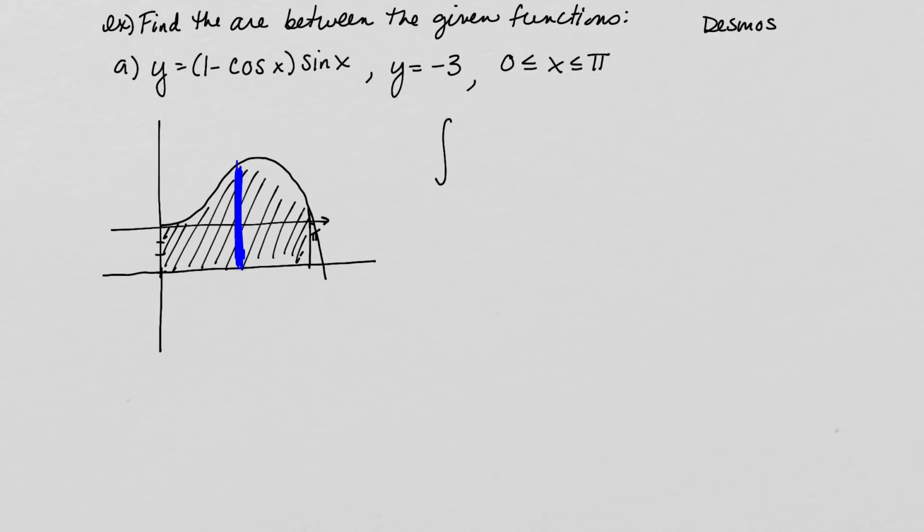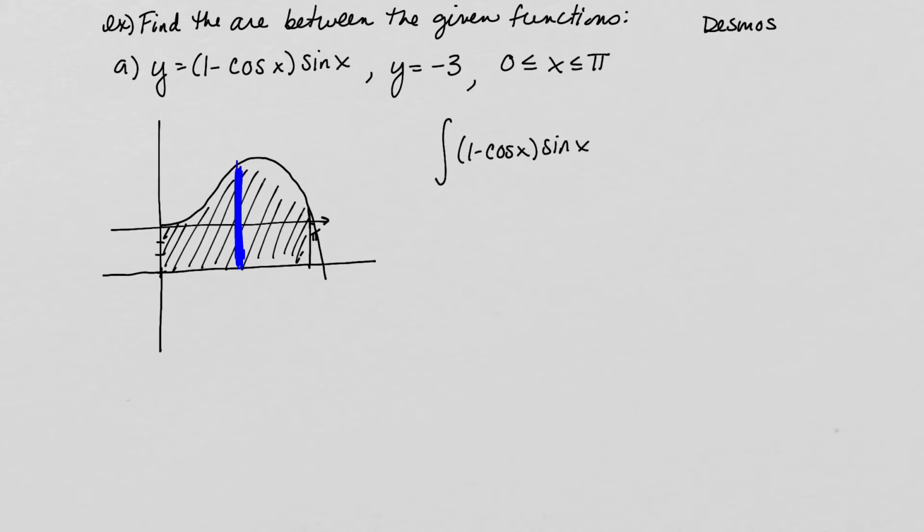Okay, I got that blue line. The top of that blue line. It's on which curve? The 1 minus cosine x times sine x, right?